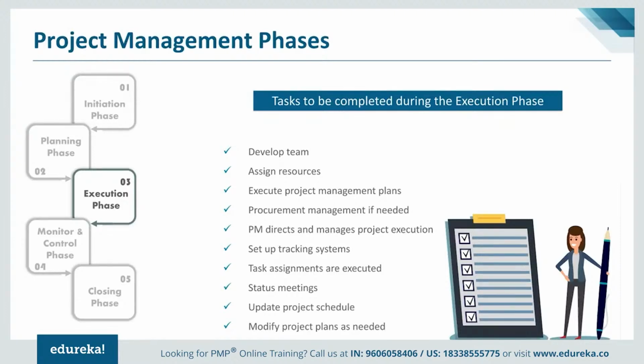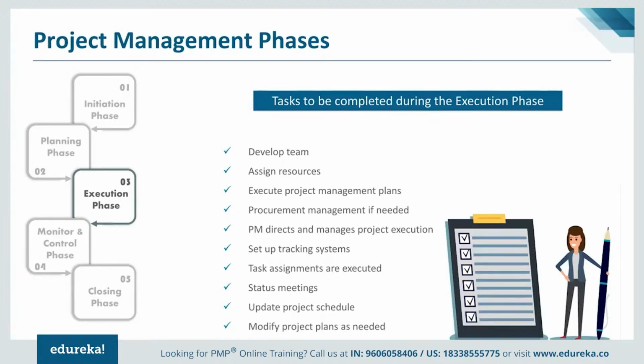And then what's most important is as a project manager, I should be able to direct my team. I should be able to manage the execution effectively by continuous monitoring. And that's where your tracking system will come into the picture. These days, I've seen mostly we use tools.